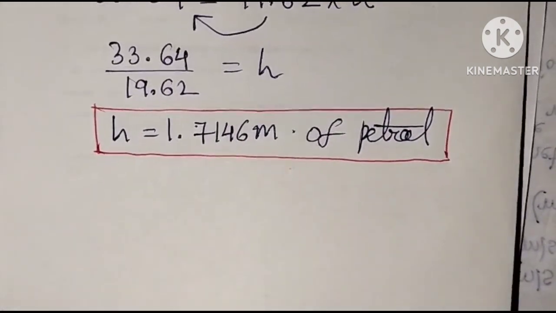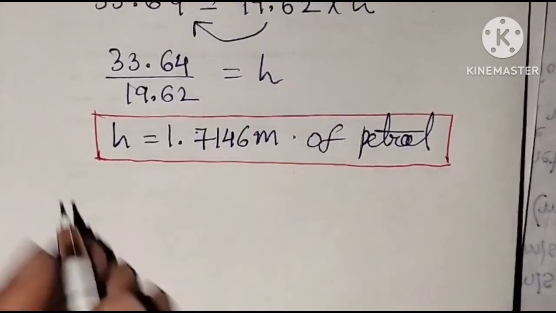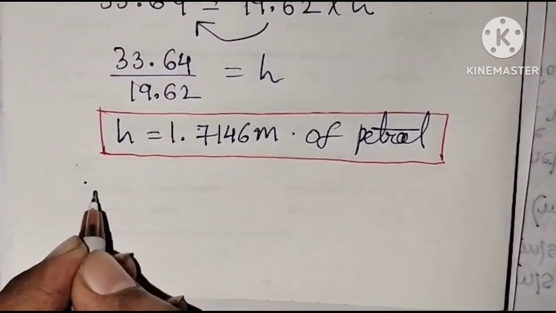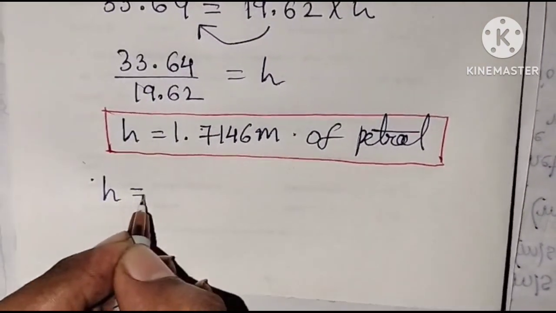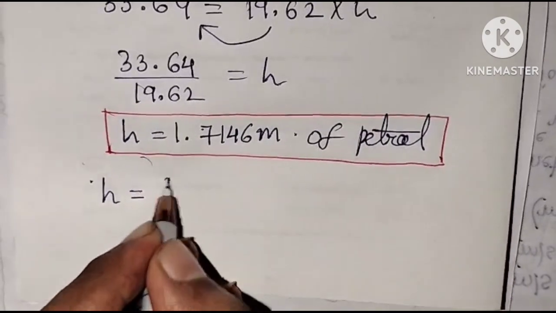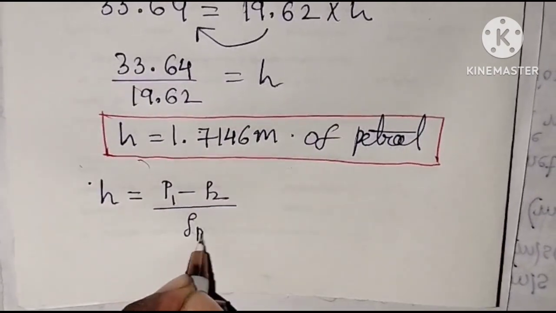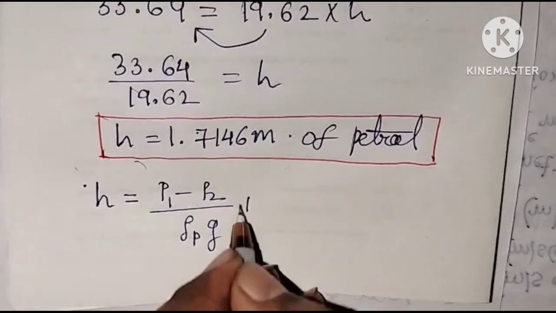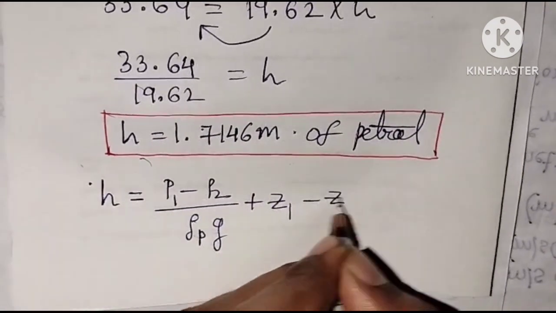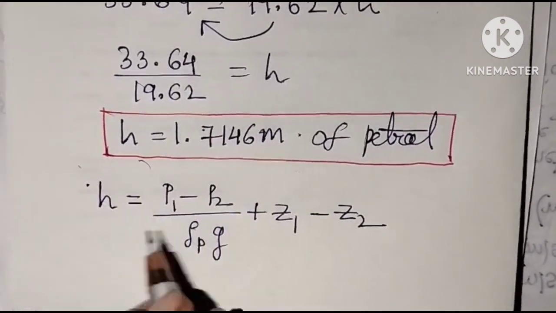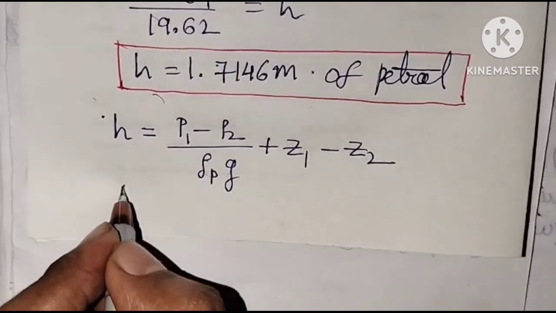Now we need P1 minus P2, the difference of pressures at inlet and outlet. We already discussed the relation between H and P1, P2: H is equal to P1 minus P2 by rho P into G, plus Z1 minus Z2. Using this formula we can find P1 minus P2. So now what is the value of H?